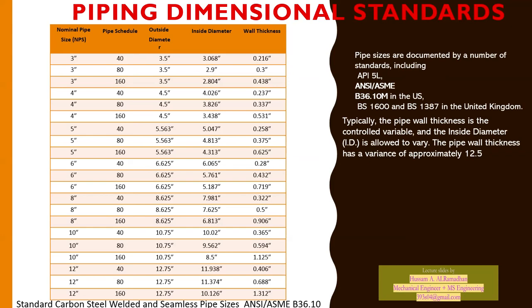The pipe wall thickness has a variance of approximately 12.5%. This table will give you an example of NPS from 3 inch to 12, pipe schedule from 40 to 160, outside diameter from 3.5 to 12.75, and inside diameter with wall thickness.